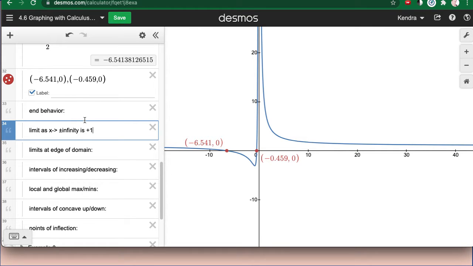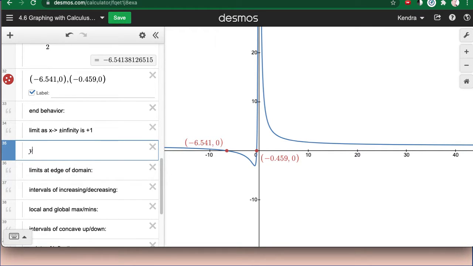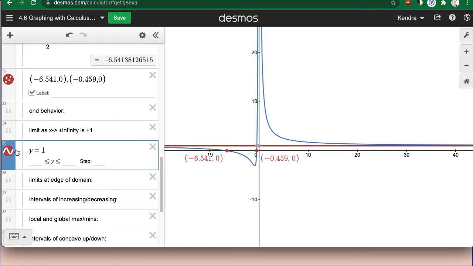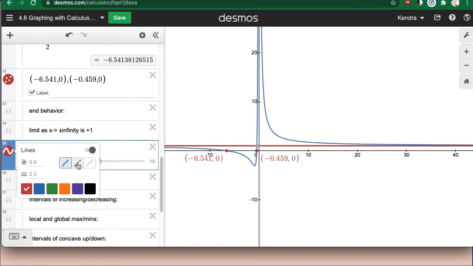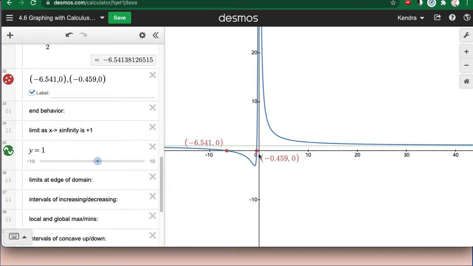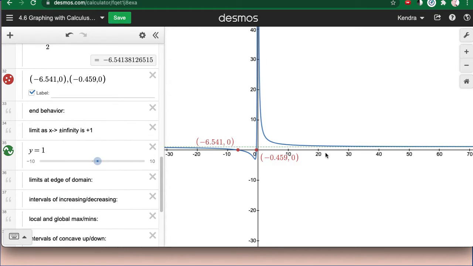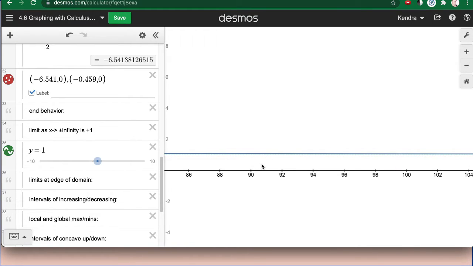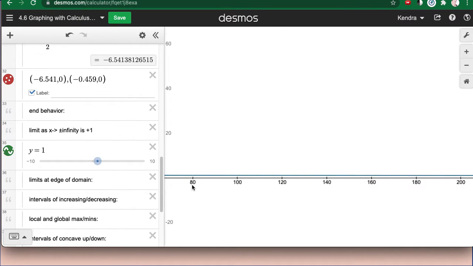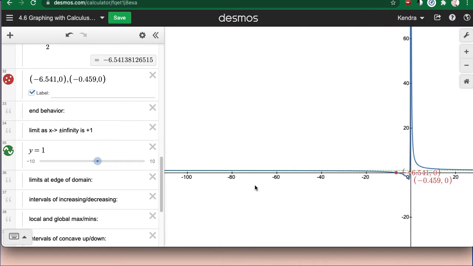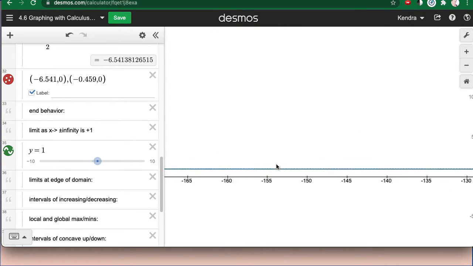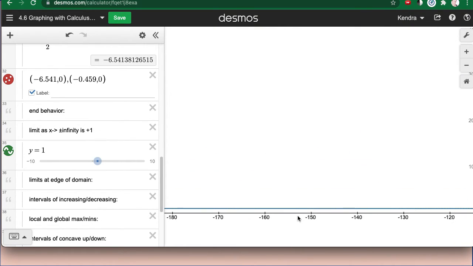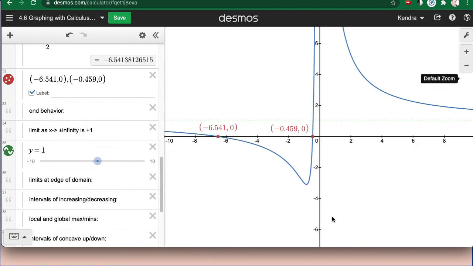Okay, and we can actually put in y equals 1 as an asymptote. We can see that as I go out very far in either direction, it looks like it really is approaching that as an asymptote. Okay, fantastic.